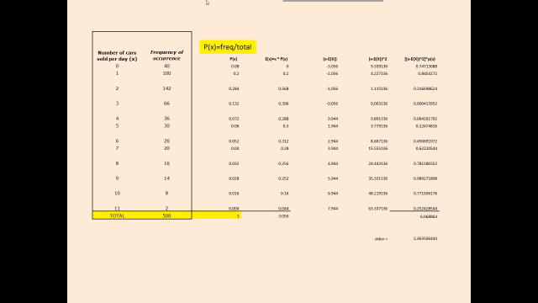So I can now tell you that this is my probability distribution of the number of cars sold, the corresponding probabilities. On average, I expect to sell 3.056 cars per day, and that varies on average by 2.46 cars per day.